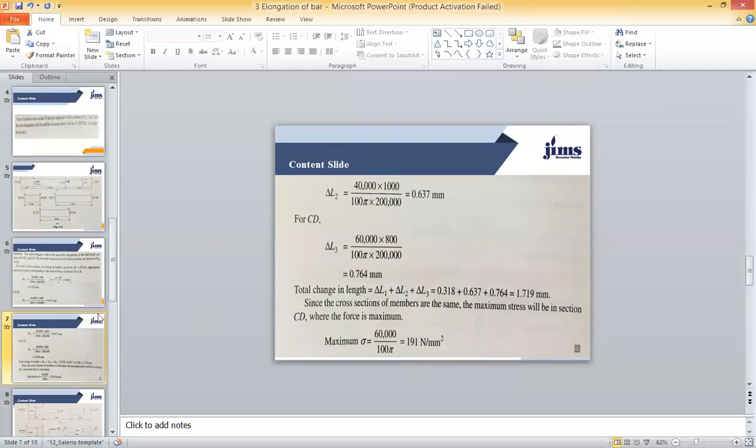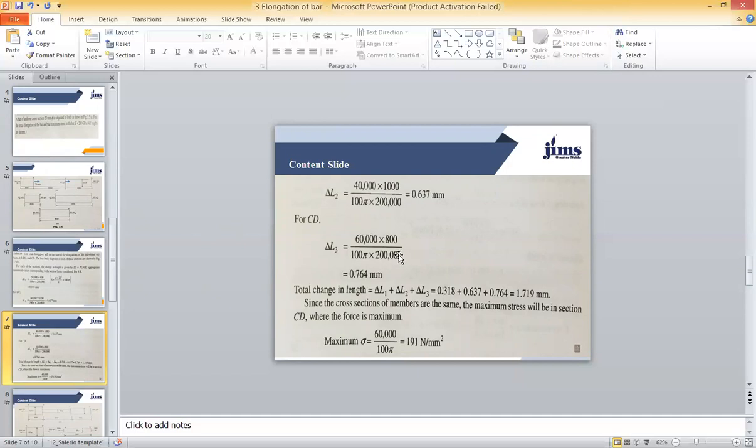Now next, for CD, delta L3, that is 60 kilonewton, 800, pi by 4 d square, that is area, and that is our E. The value of E is given in gigapascal. You have to change it into Newton per mm square.